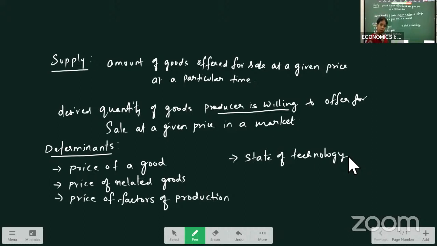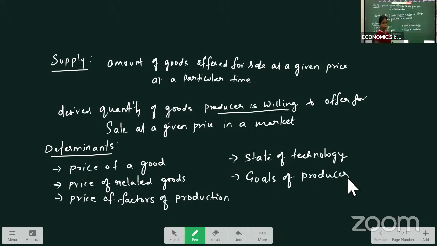If we use good advanced technology, output will be more, we can supply more in the market. If we use outdated or old technology, production will be less. Automatically our supply is also less. So here state of technology is one factor which is determining the supply, and goals of producer.